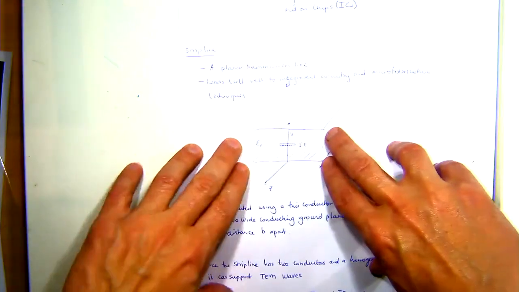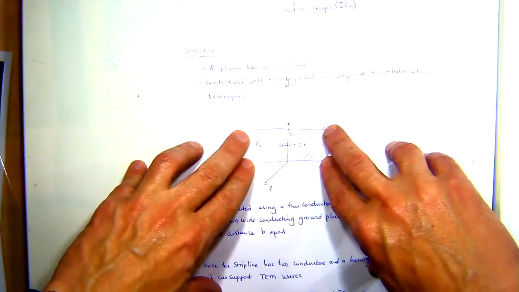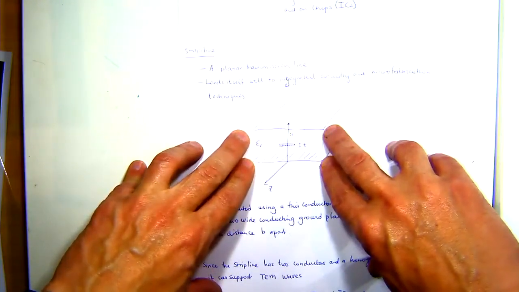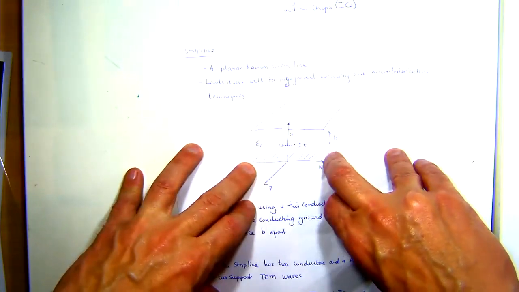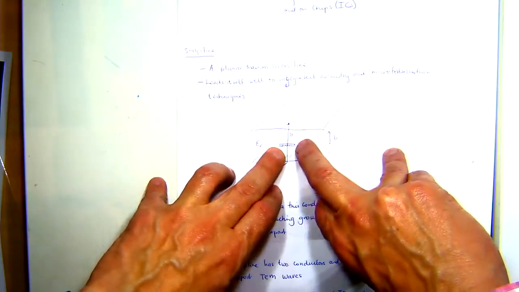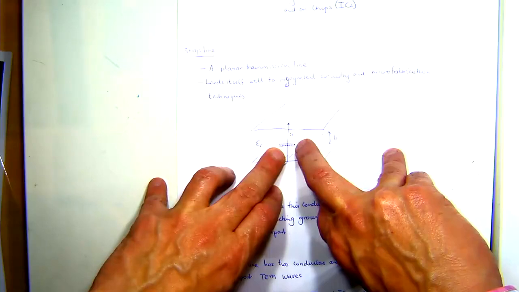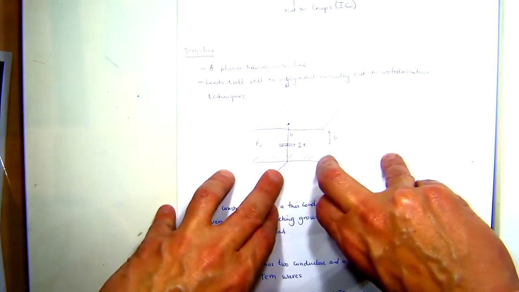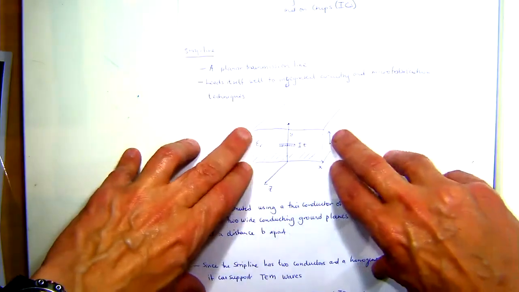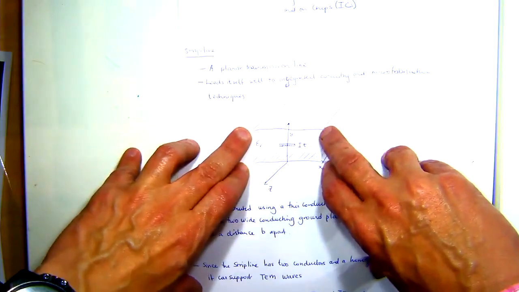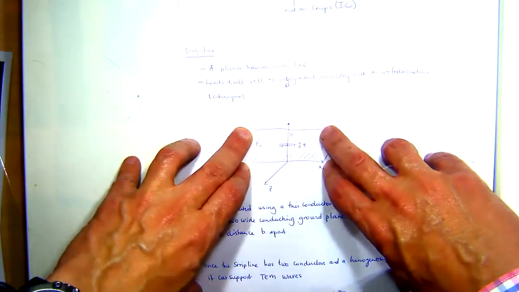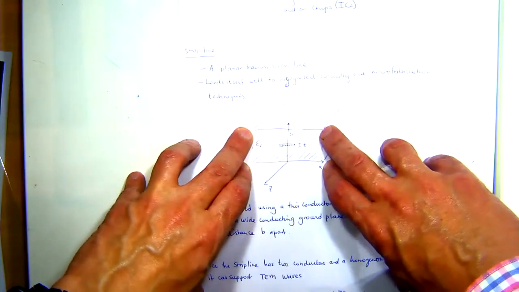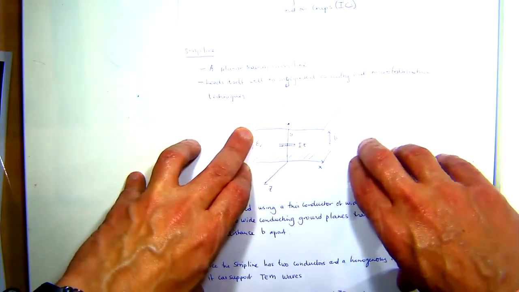So essentially, the way that you create a strip line is you've got a ground plane on the top and the bottom, and then you've got a conductor in the middle, right? And it's symmetrical, right? And the benefit of a strip line is that it can support TEM transmission, which is transverse electromagnetic modes.